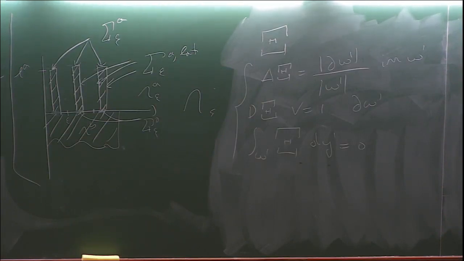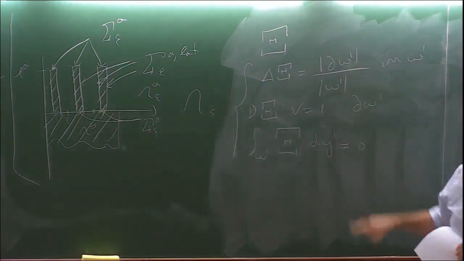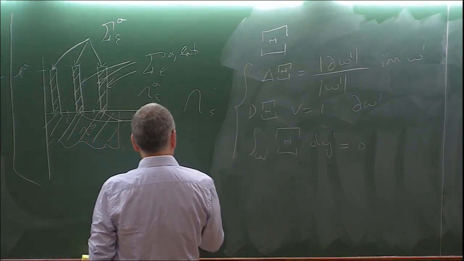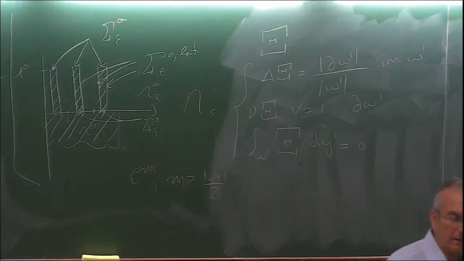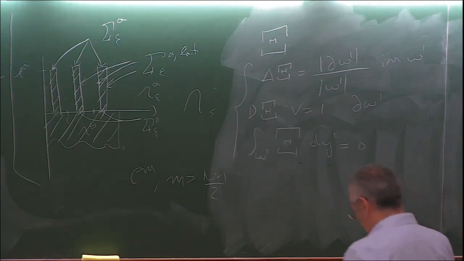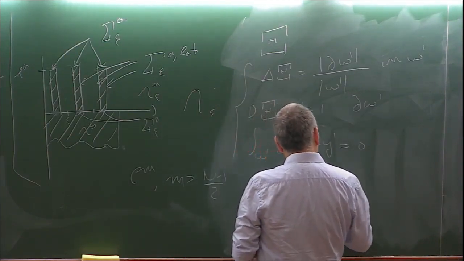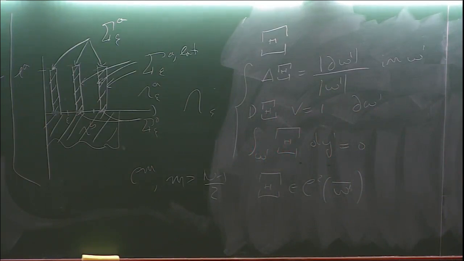These problems admit a unique weak solution. But since we assumed in the beginning that omega prime has regularity C^m with m greater than (n-1)/2, the regularity result ensures that the solution is not only weak, it's a classical solution, and the solution is C2 until the boundary, so C2 of the closure of omega prime.